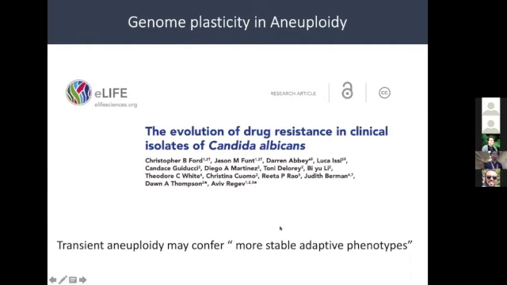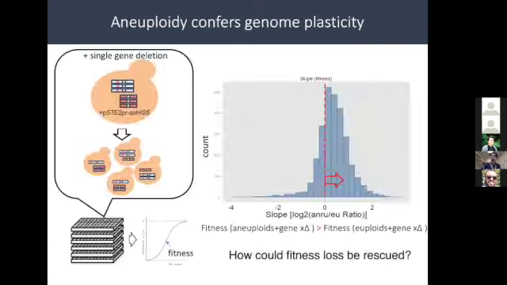But the conclusion is that the transient aneuploidies may eventually confer a more stable, adaptive phenotype. So that fits with the idea that there can be a lot of genes that, when they occur in the aneuploidy populations, okay, might somehow create an advantageous niche and then become resistant.